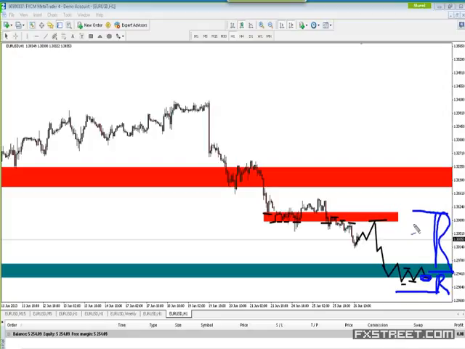That's it. Now, what happens if these levels are not hit? In other words, what happens if it doesn't come back to 31 or it doesn't come back to 32? It's no big deal. You just don't trade. You just go and look for something else. Nobody's got your hands behind your back saying, hey, bro, you have to.